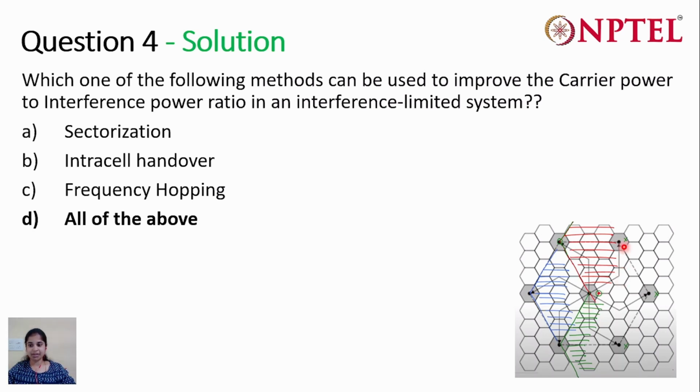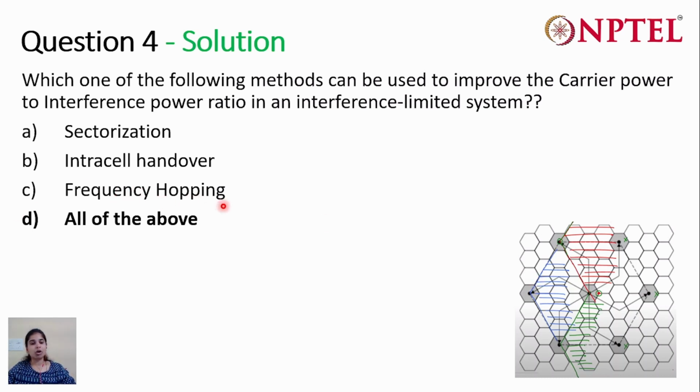So we will be getting rid of the right side three. So sectorization is going to help us, and intra-cell handover is also going to help us, because if we face a poor C to I ratio, then we could have an intra-cell handover.